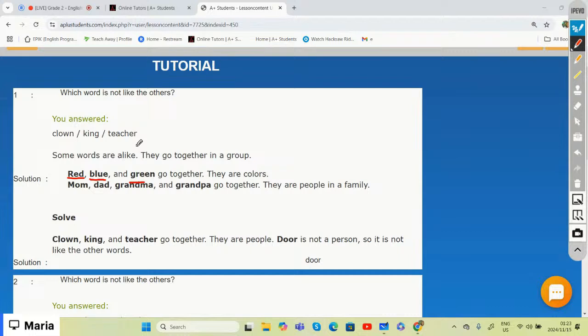Clown, king, and teacher. If you look at those three words, what are the words that go together, and is there a word maybe that does not belong within that group?